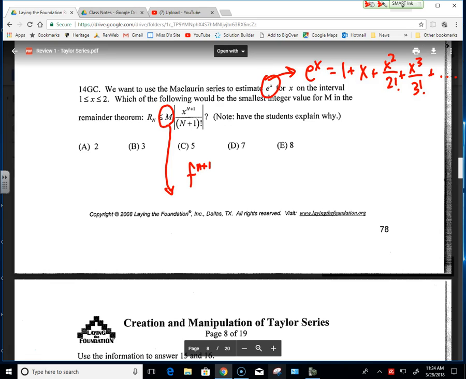Isn't that the n plus first derivative? Not of 0, but of... No, I don't see the derivative. Do you guys? You see something in its place, because they wrote it weird. But shouldn't it have been written?